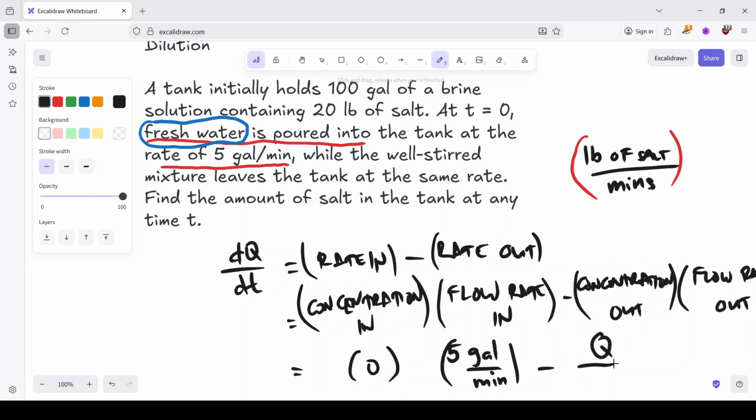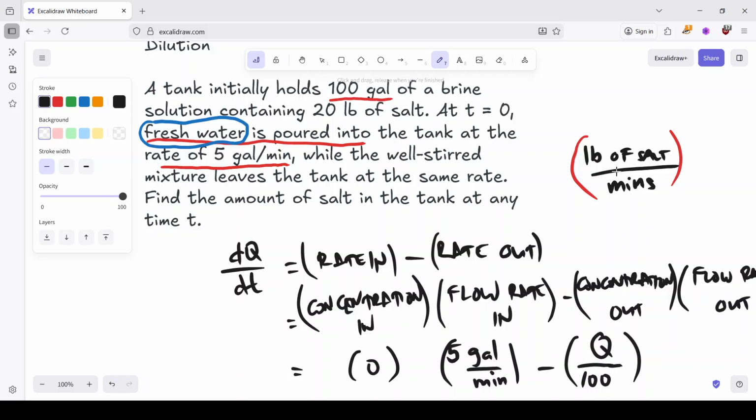So we will write here the whole volume of the tank. The tank initially holds 100 gallons of brine solution, so this is the volume of the tank. So Q over 100. I hope we follow that one.